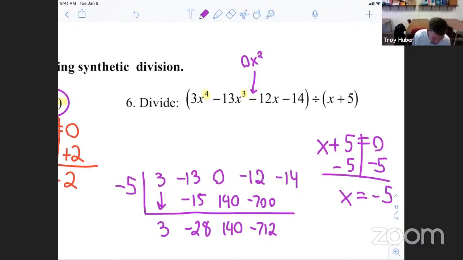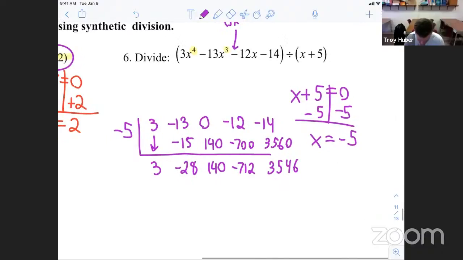Negative 712 times negative 5 is going to be positive. So 712 times 5, I believe, gives you 3,560. So then subtract that 14. I got 3,546. Whew.